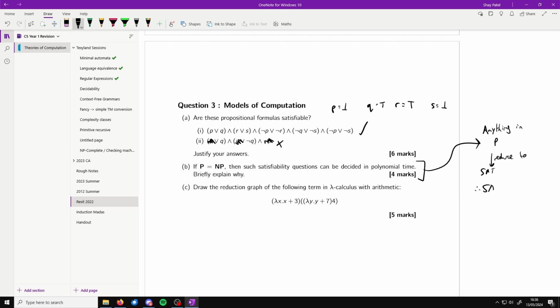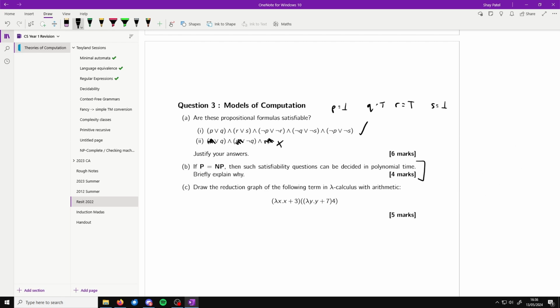Therefore, if SAT is in P, that would imply... Actually, it's asking about satisfiability questions, so that is just SAT. But we're just trying to think how we could formulate a response.